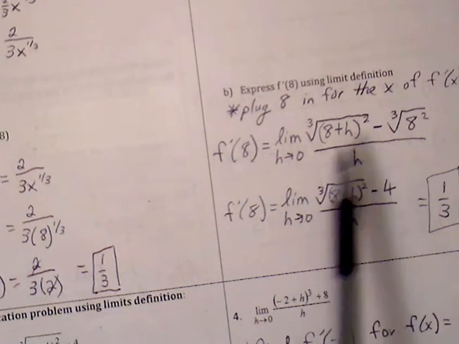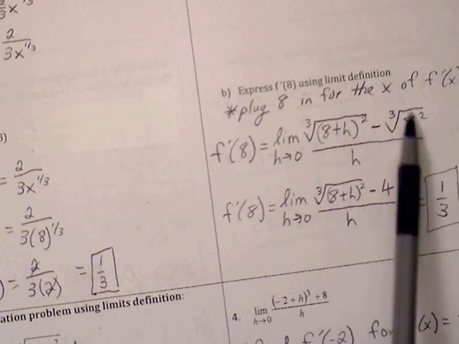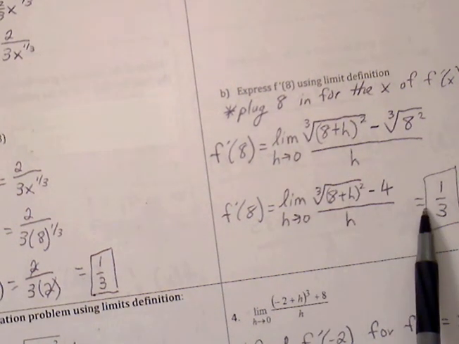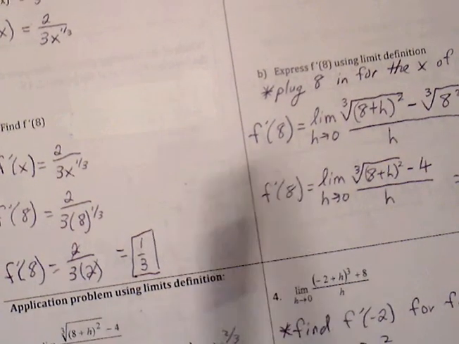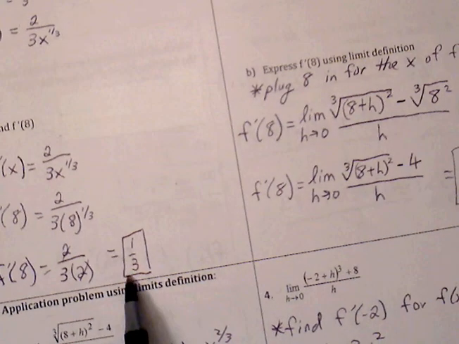It's just that with this we can't easily find the value, but we know that this will come out to be 1/3 because we can do the same thing in a more efficient way with this method.